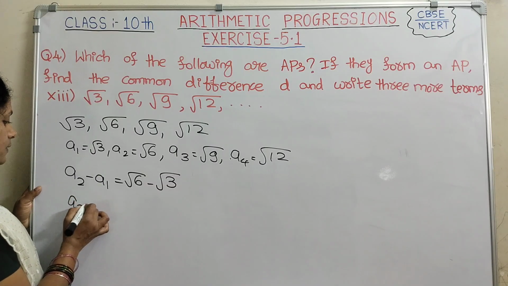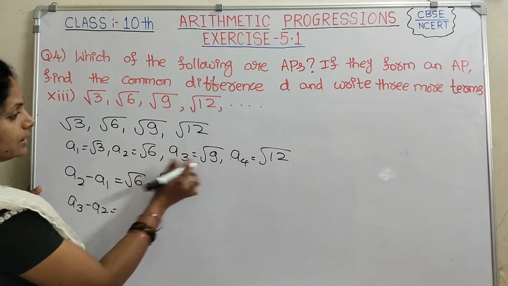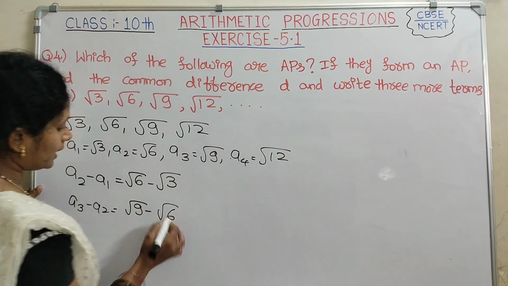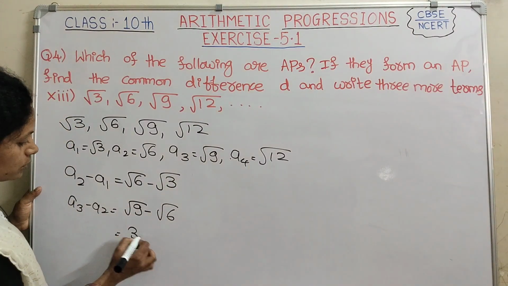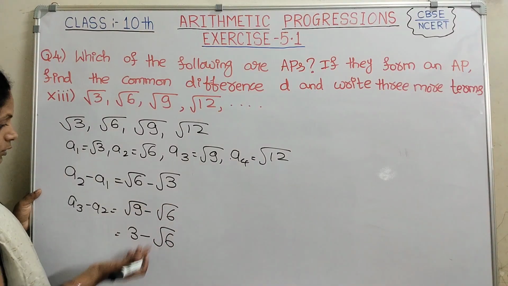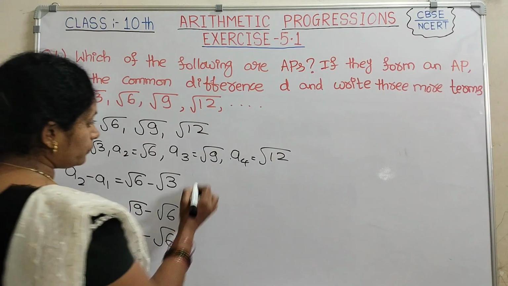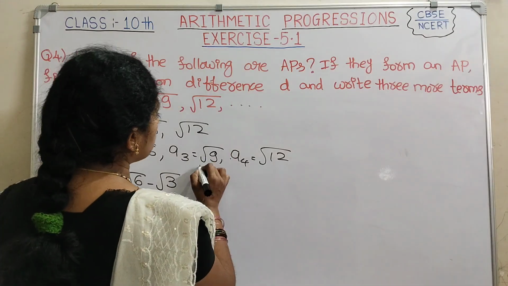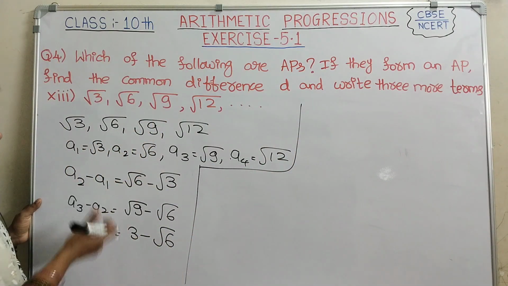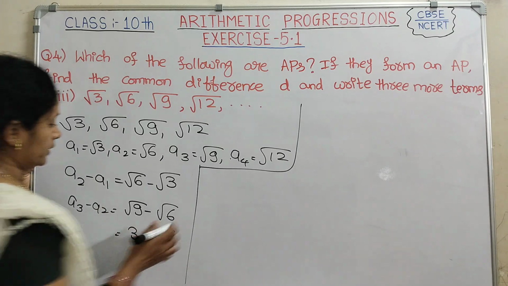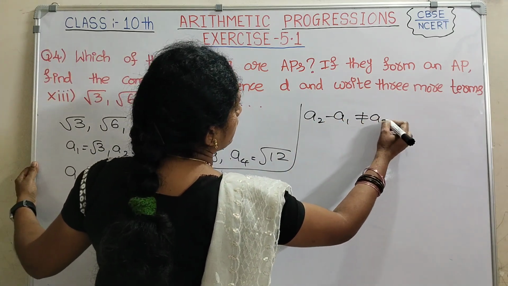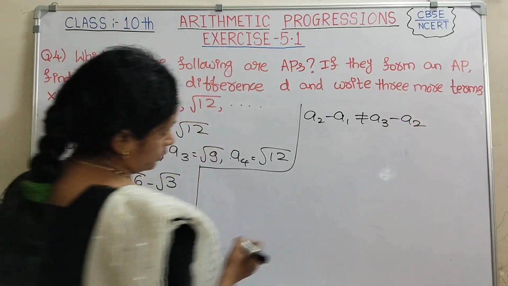Next, A3 minus A2. A3 is the root 9 minus A2 is the root 6. We can write this root 9 as 3 only, minus root 6. So we can't do any further simplification now. If we see here, A2 minus A1 and A3 minus A2 both are not equal. A2 minus A1 is not equal to A3 minus A2.